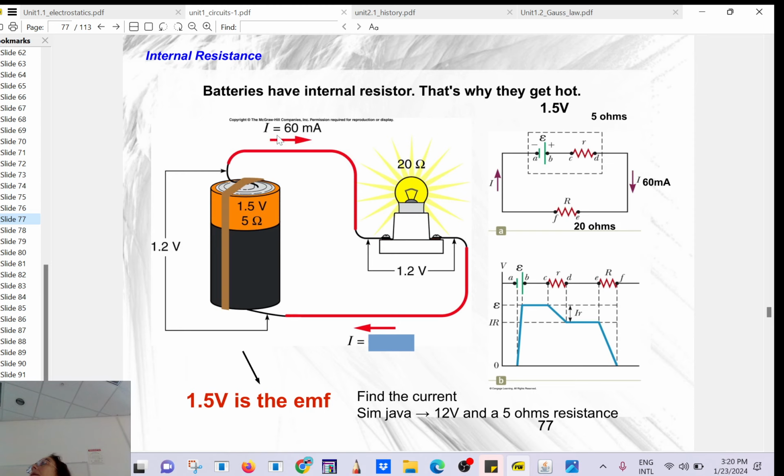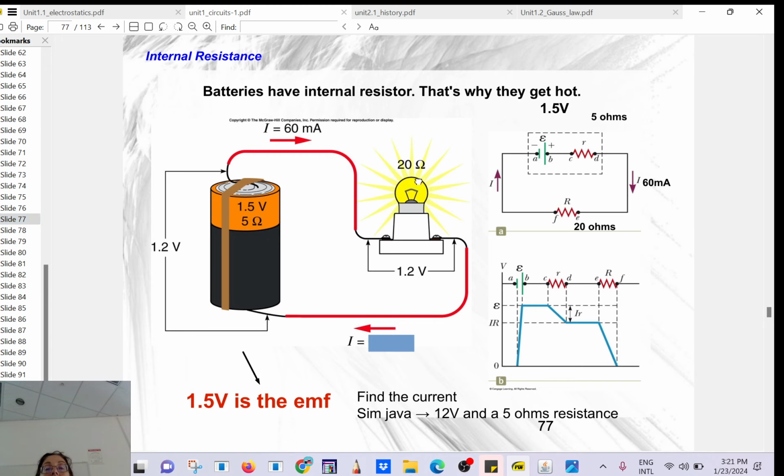So that's going to be 0.06, yes? 0.06 times 5, how much is that? 0.30. So 1.5 minus 0.30, how much is that? 1.2. So this is called the terminal voltage because some of the voltage has been stolen by the internal resistance.